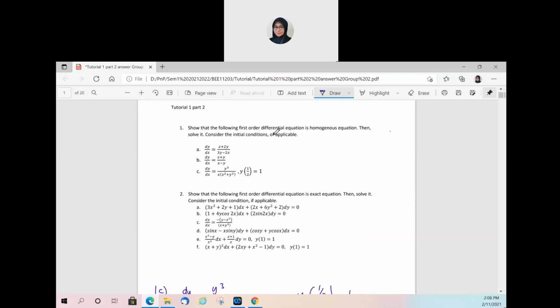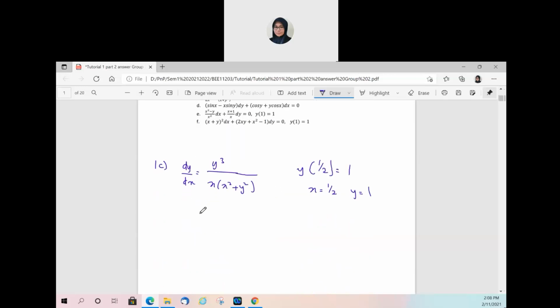So first, you have to prove that this equation is homogeneous. So how to show that this equation is homogeneous? Please follow step by step.